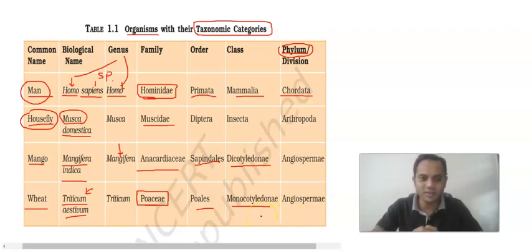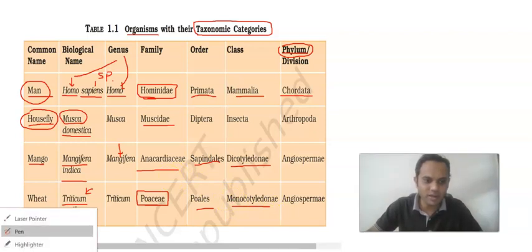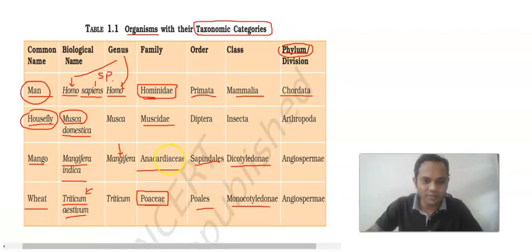So likewise, you can observe here. Generally, what happens is the family name ends with the suffix -aceae, the order ends with -ales, and sometimes the class ends with -ae.